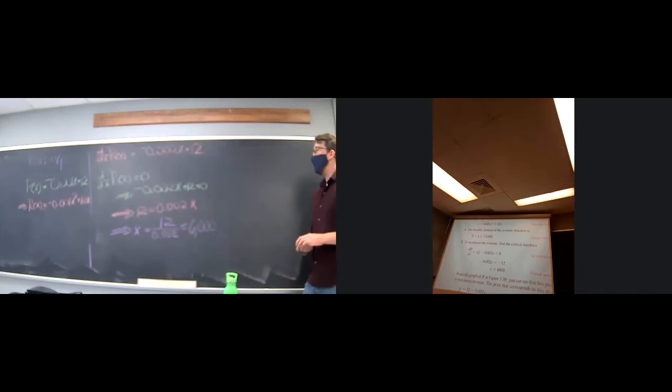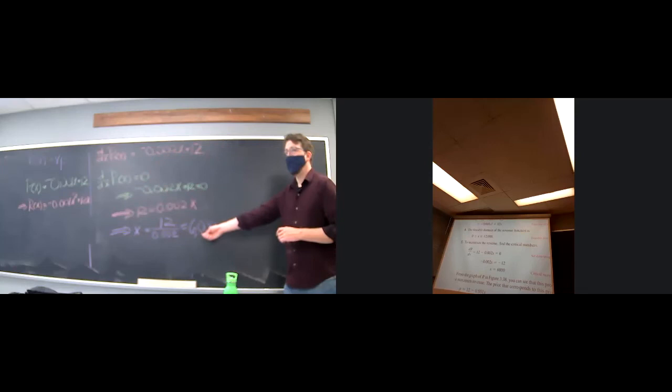Now we need to go back to the price function and put in 6,000. Well, let me write this first.